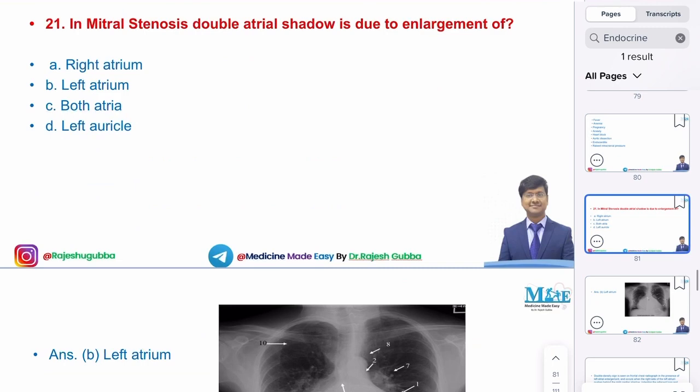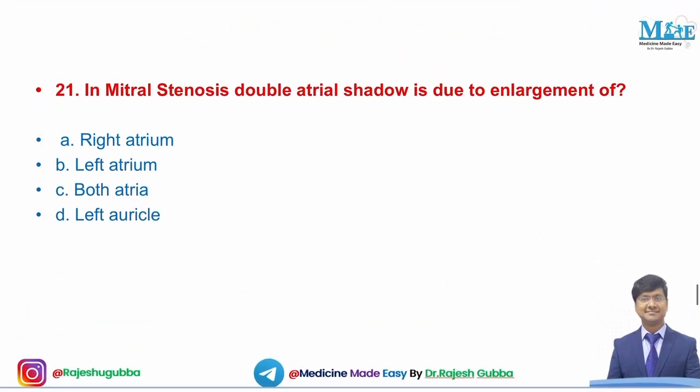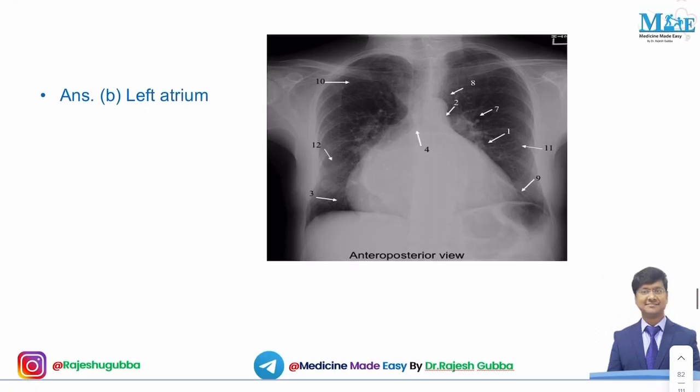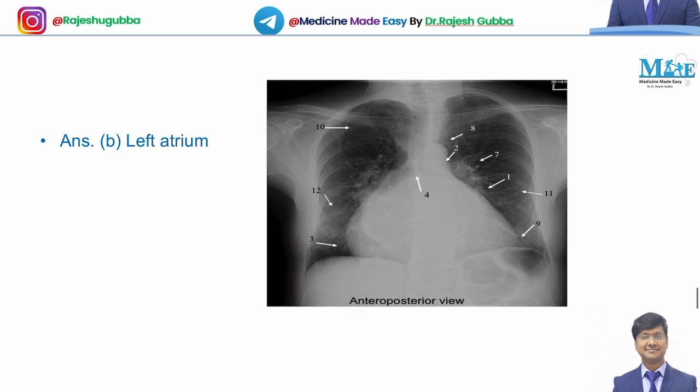So if you see the next question, in mitral stenosis, double density or double atrial shadow is due to enlargement of right atrium, left atrium, both atria, left auricle. So the answer is the left atrium, right? And this is the X-ray of the double density sign. See, normally this is your left atrial border, which is usually not seen. Why? Because it is present in the retrosternal area.